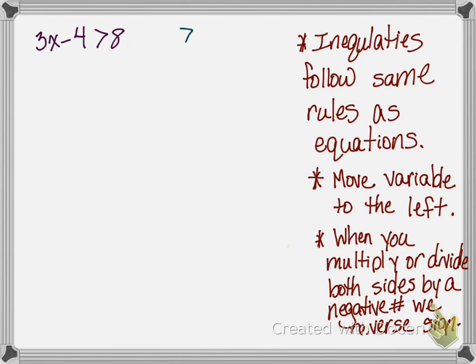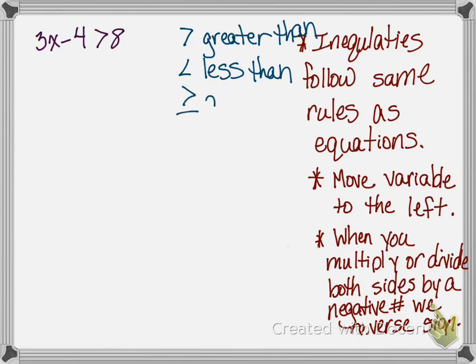We can have our greater than sign. We can have our less than sign. And then we have 2 more signs that include equal to: greater than or equal to, and less than or equal to.